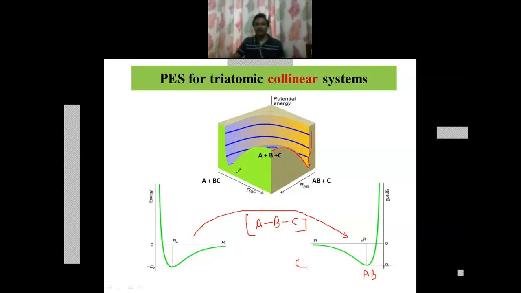But in between, when they come closer, you can think of the potential in terms of the curve, if you look at it, right? So if this is going to be the reaction coordinate along this, that means I'm going from reactant to the product.